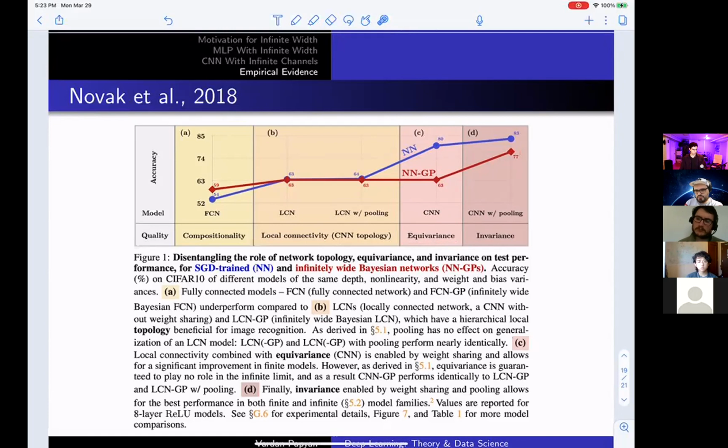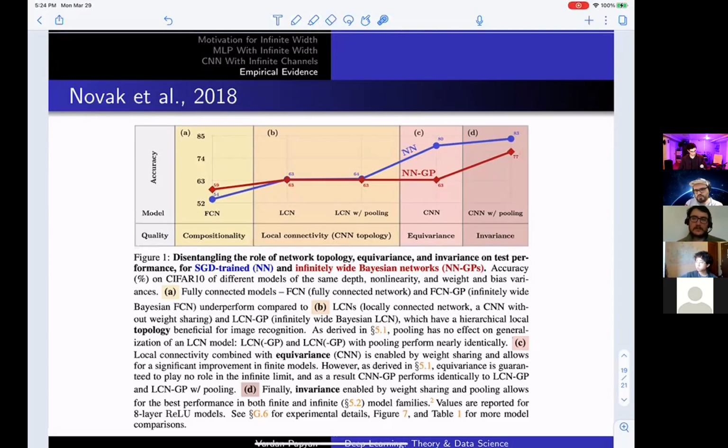So this shows that if you train finite width networks with SGD, they get a lot of performance boost due to the weight sharing, but their infinite width networks are not.